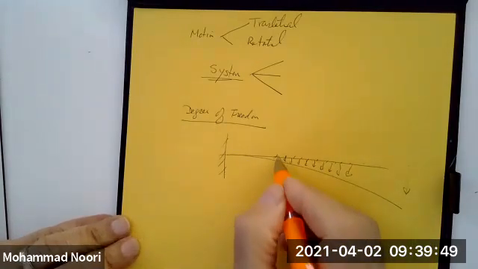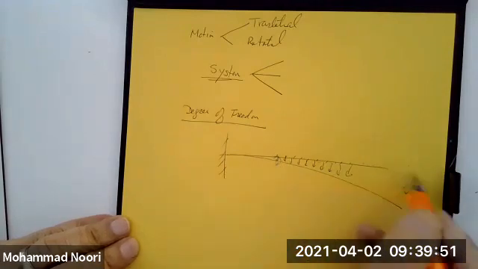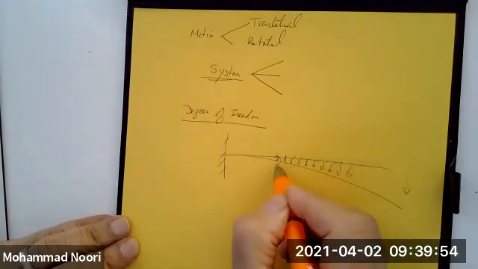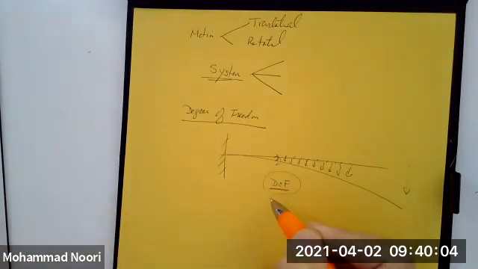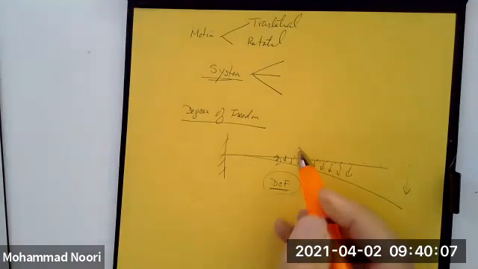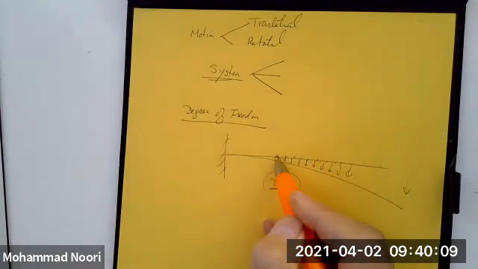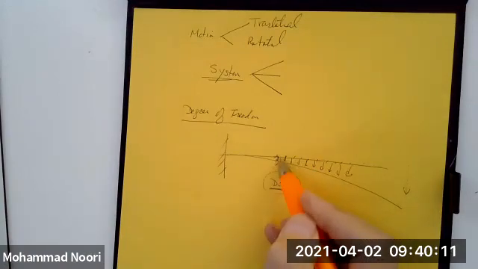Every little piece of this structure, its motion, the direction it's moving, is called a degree of freedom. So a degree of freedom means the way that a small piece of this structure moves.